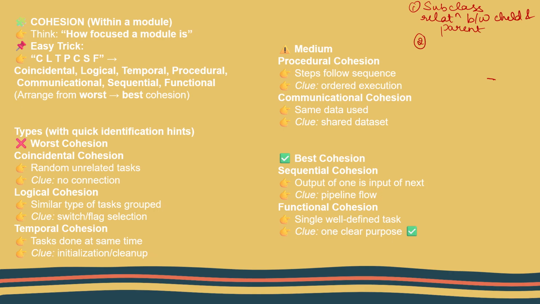And second is your temporal coupling, when two actions are bundled in one module just because they happen to occur at the same time. So this is also part of your coupling.